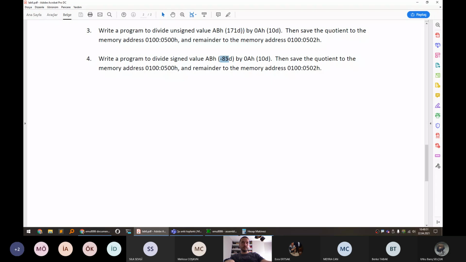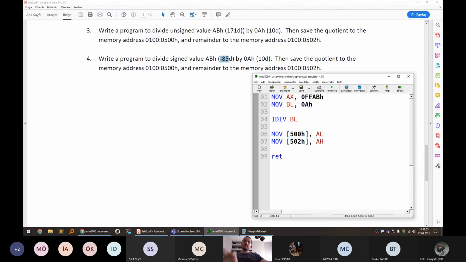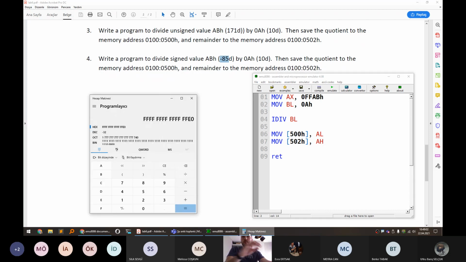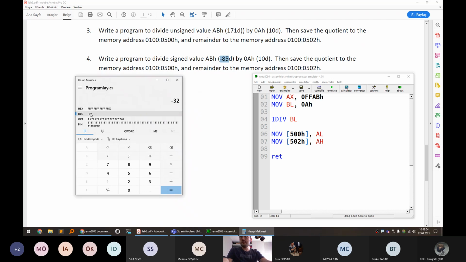Minus 85 in AX should be FFAB, not just AB. If you open the calculator and write minus 85, you get the F's beforehand. Our AX size is 16-bit, so 16-bit AX should store FFAB.